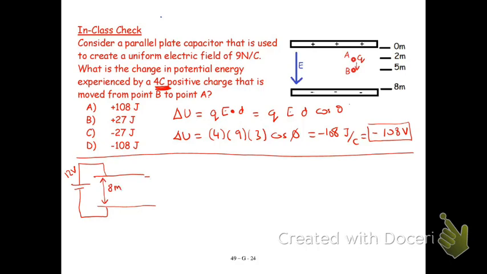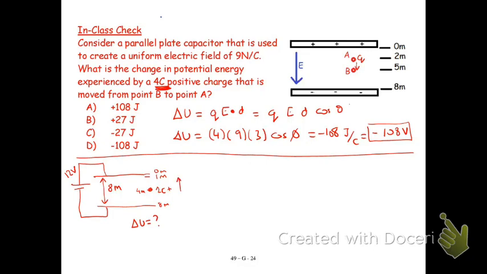And then I'm going to have 2 coulomb positive, and I'm moving it from not 0 meters, not 1 meters, I'm going to go to 4 meters, and this is 8 meters. So I'm giving you a whole bunch of distances there. I want to know the change in potential energy.